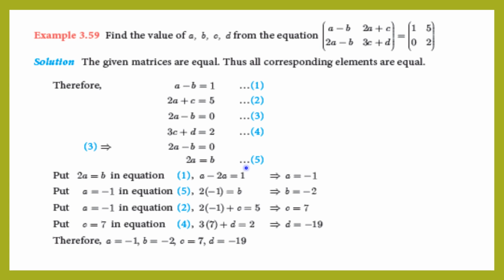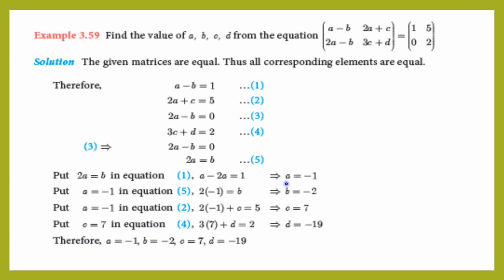Okay, mark this as the fifth equation. In this, substitute 2A equal to B in the first equation, that is B value as 2A. Then we will get A minus 2A, which means minus A equal to 1, which implies A equal to minus 1.